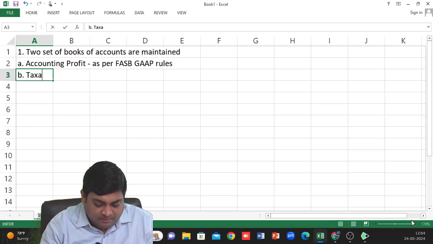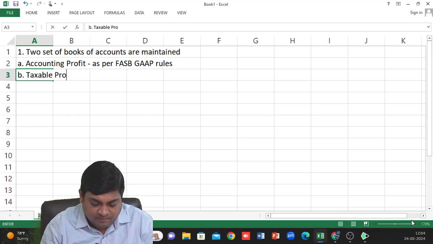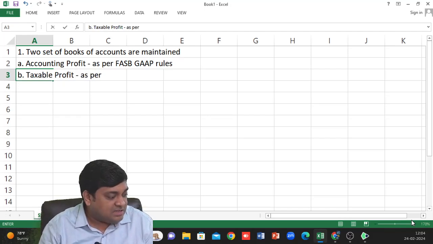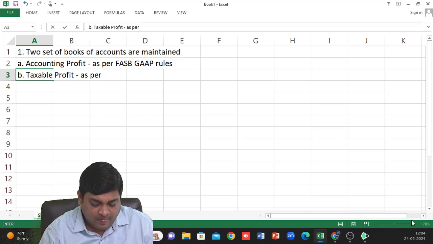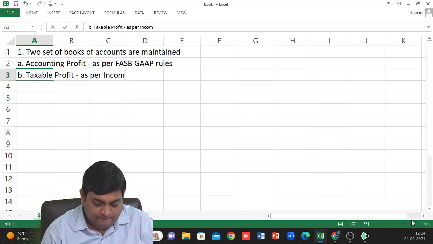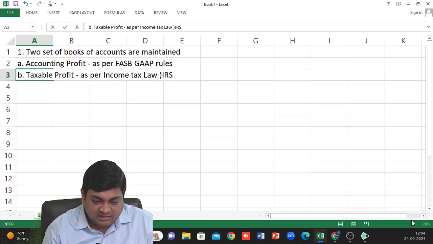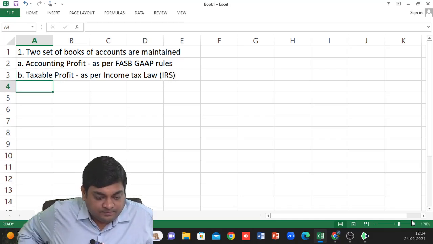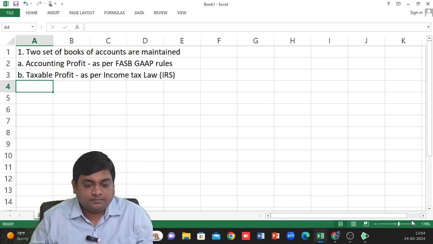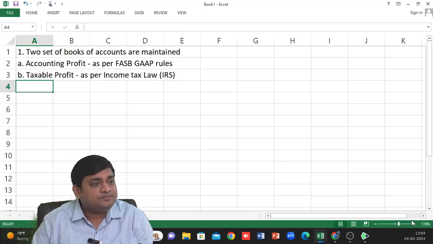And number B, taxable profit as per income tax law, that is IRS. Right?